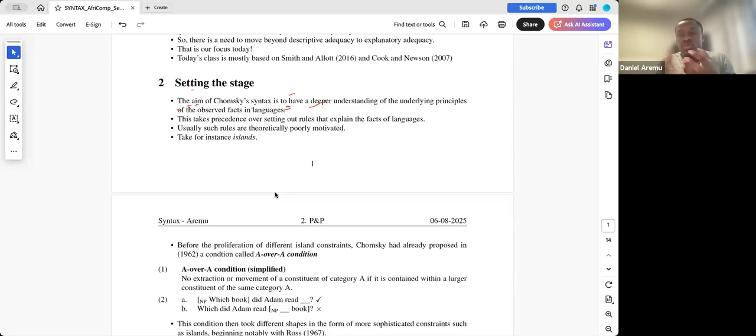And anything we see on the surface that may differ, maybe English and German, or Yoruba and Hausa, are just parameters. But underlyingly, there are principles that are the same among those languages.